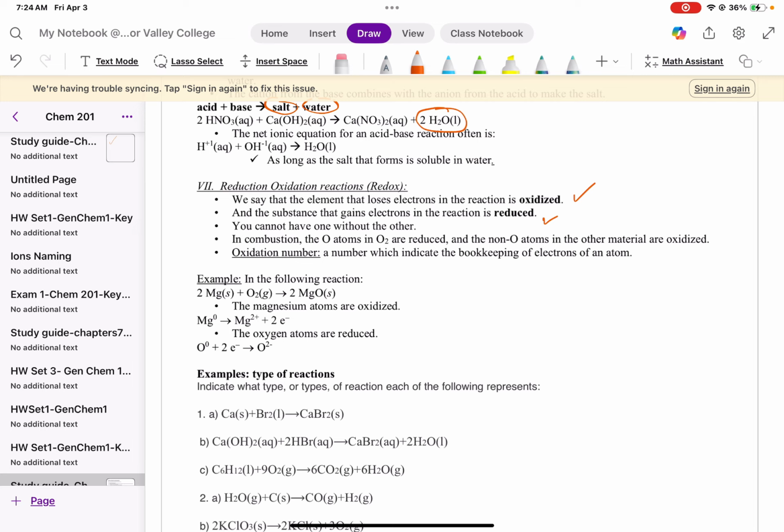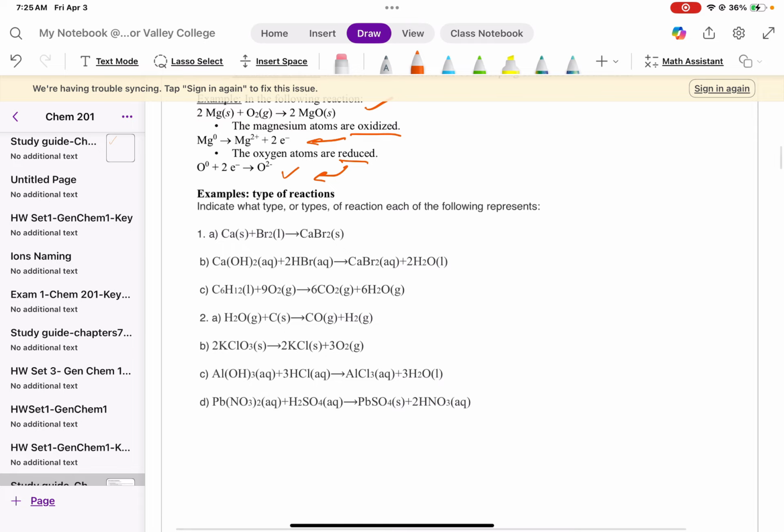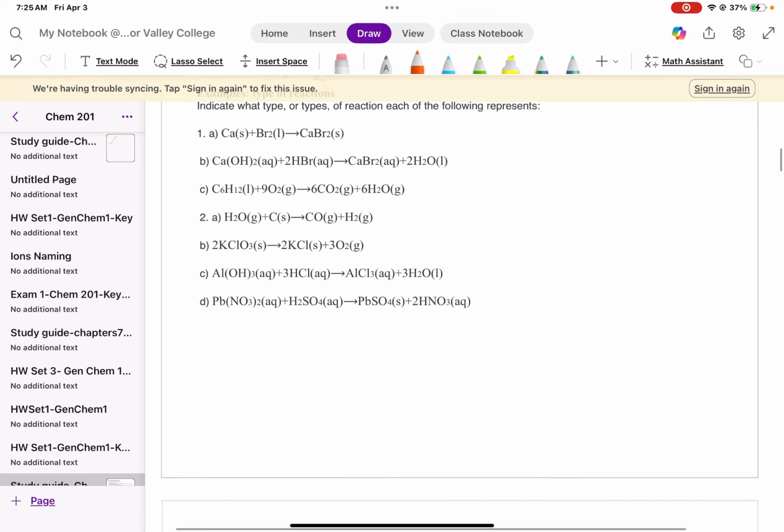For example, magnesium reacts with oxygen, giving us magnesium oxide. Magnesium goes from neutral, which is 0, to 2 plus. And oxygen goes from neutral to 2 minus. That's reduction.